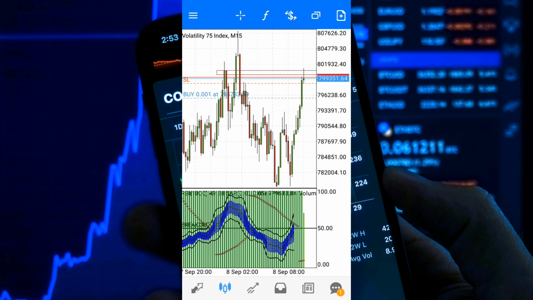But one may argue, but you said that when the parabolic SAR dots are below the channel, you should have a buy. Yes, you should have a buy. I'm standing on my point that you should have a buy. But since we are on a small account and this is Volatility 75, one of the highest volatility markets on these synthetic indices, okay, you should be very careful that your account, if it reverses, may not be able to hold the losses, and what happens?